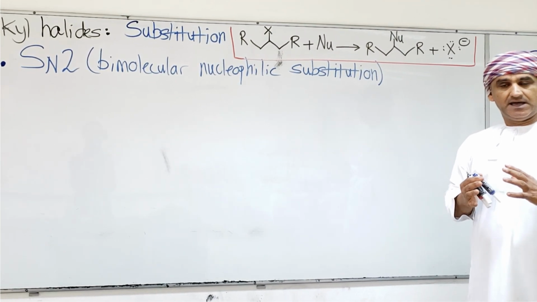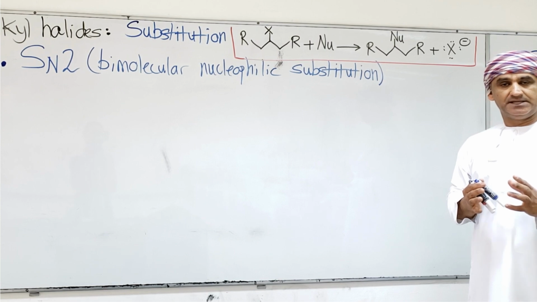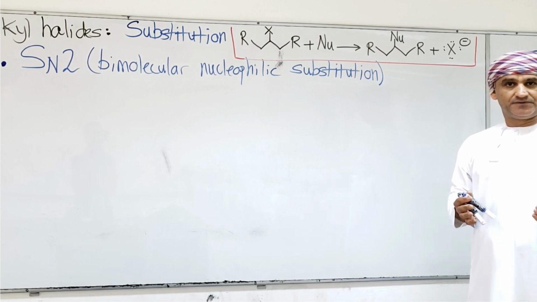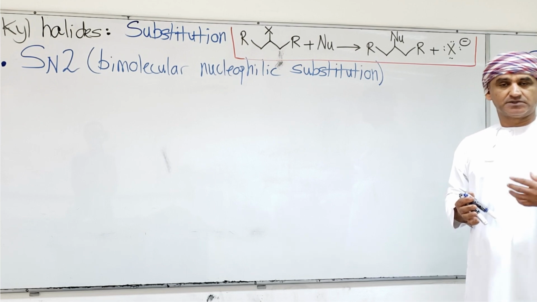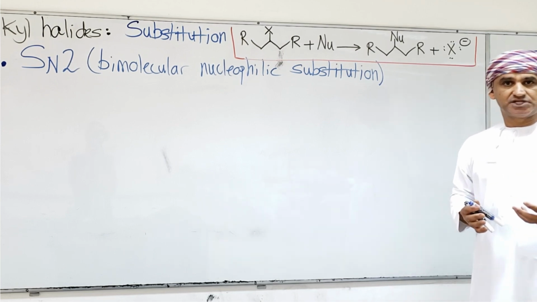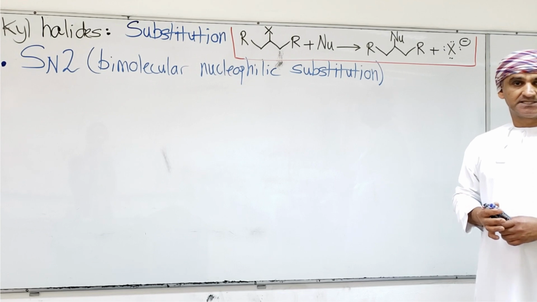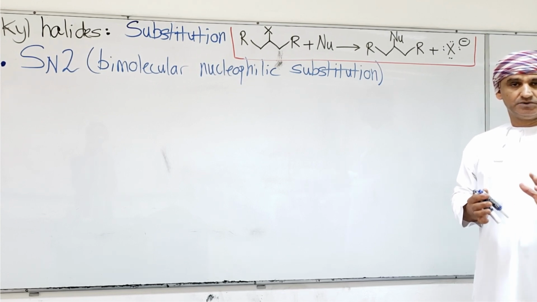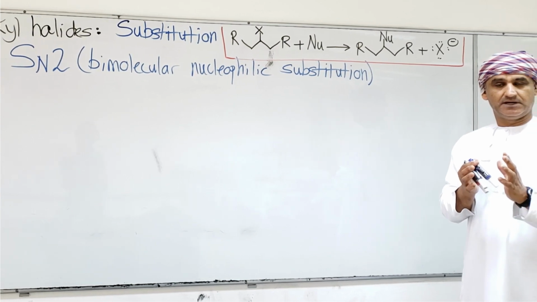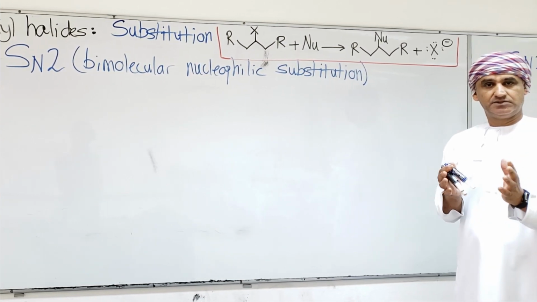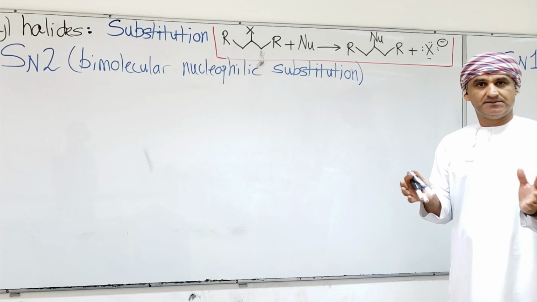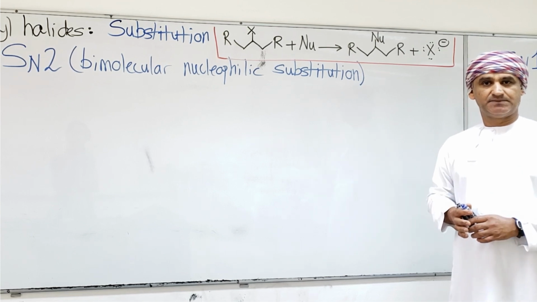Now, a very important discussion is the details of this type of reaction of alkyl halides. In other words, how does this reaction take place? There are two types of mechanisms, or two types of details into how the reaction takes place.